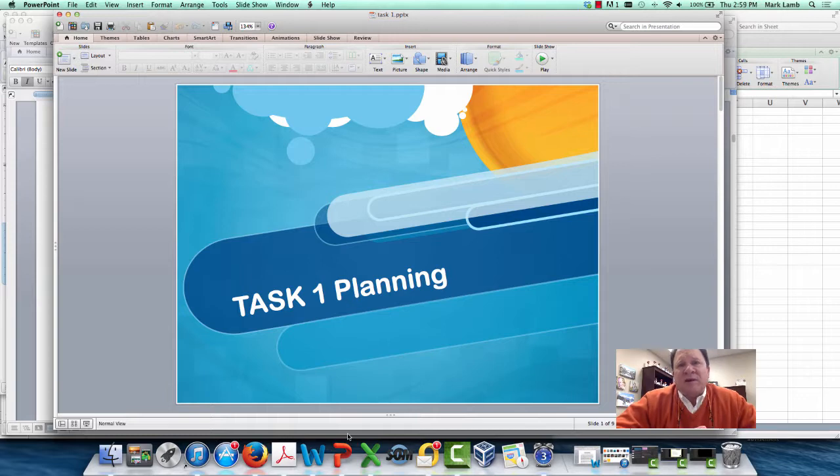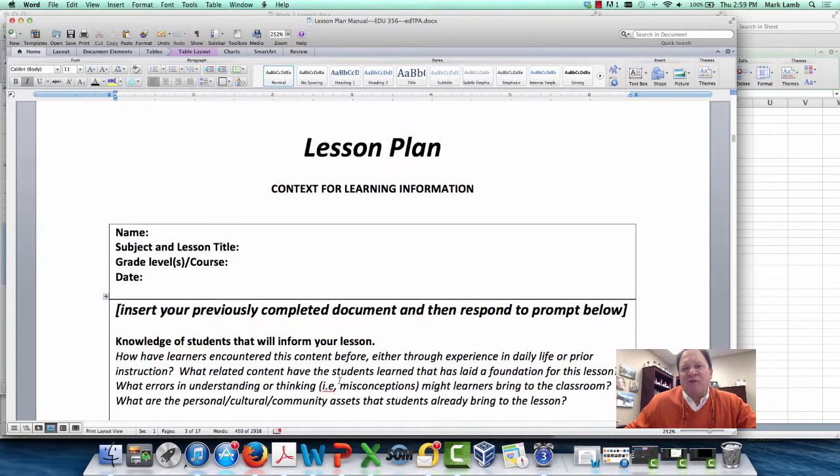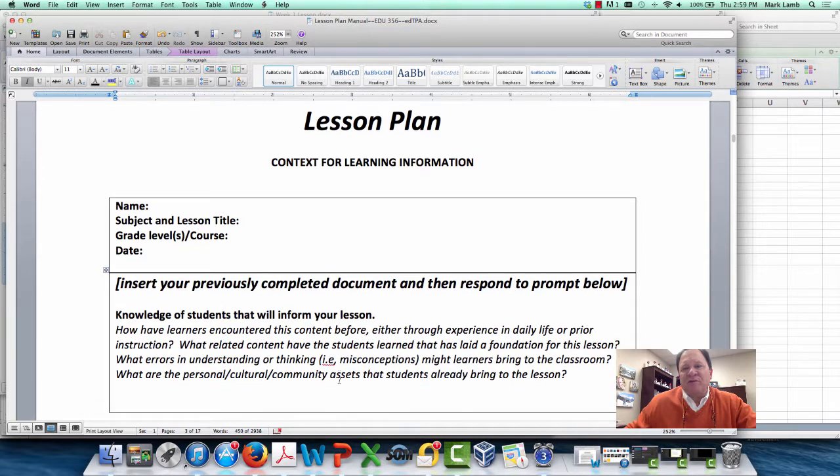But specifically, what are you thinking as you're preparing this lesson for the students in your classroom? That's the important piece. Remember, you're going to make all your responses directly on this form, and then that's what you're going to load into the Dropbox on D2L.